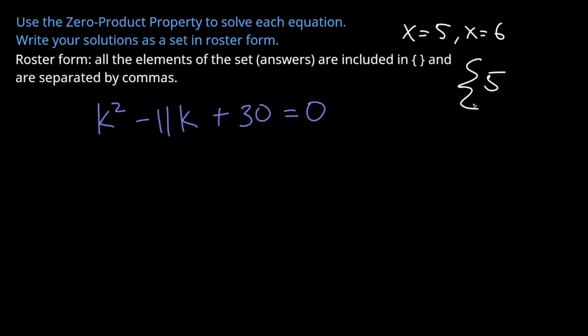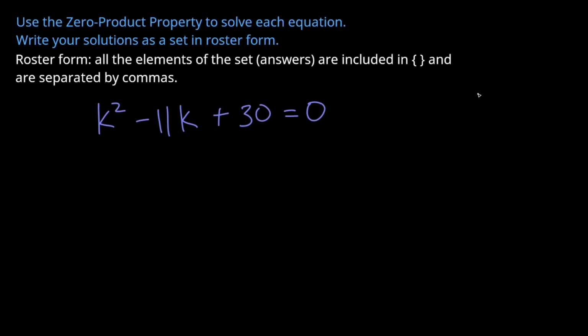In this case, we will solve for k. We're going to need to factor again, then use the zero product property to help us solve it. So, more factoring. We have k squared minus 11k plus 30 equals 0.